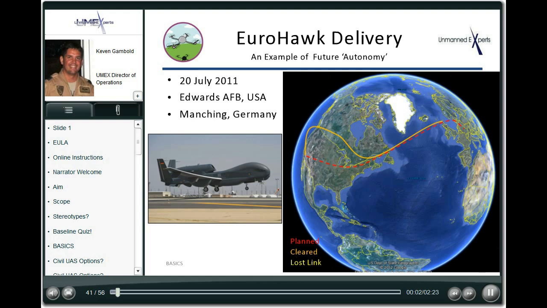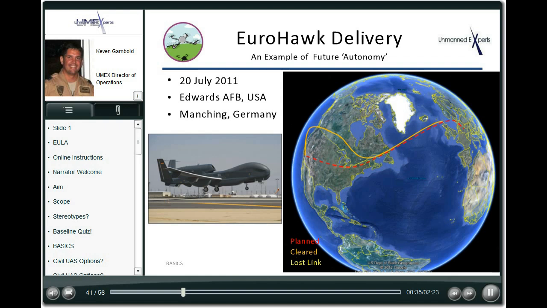So having now bigged up the UAVs of the future as these highly intelligent autonomous systems that are utterly reliable, let us tell a little known story that occurred in July 2011 of the delivery of the first overseas sales for the Northrop Grumman Global Hawk, known as the Eurohawk, an enormous beast of an aircraft, to the German Luftwaffe, who are using it as an ELINT-SIGINT platform.